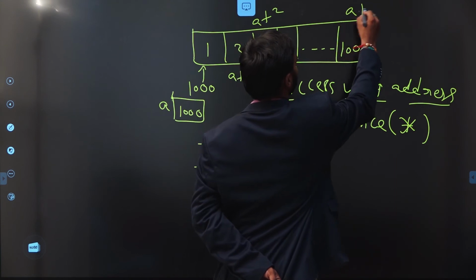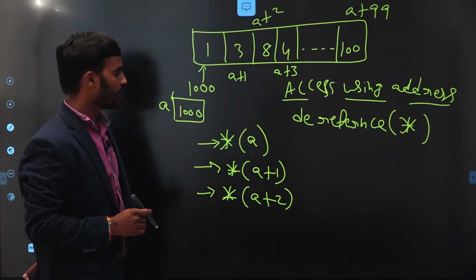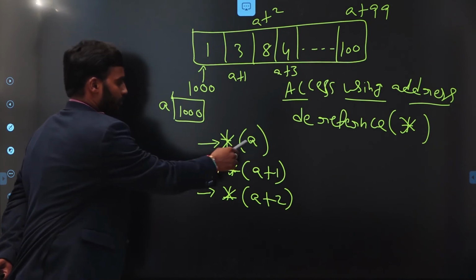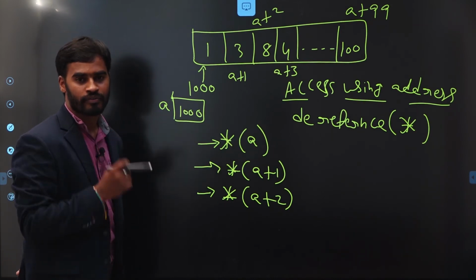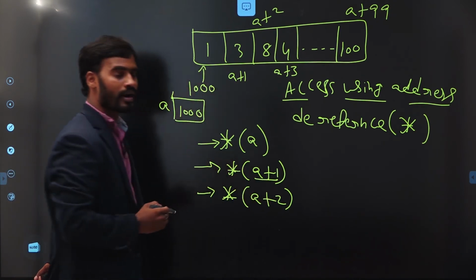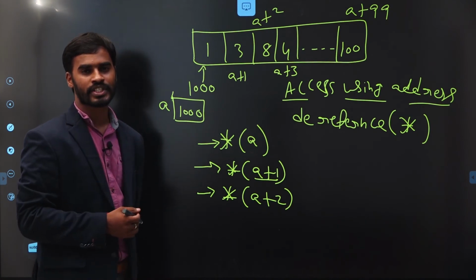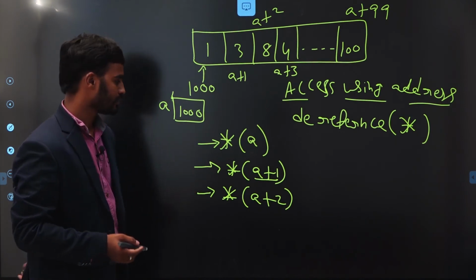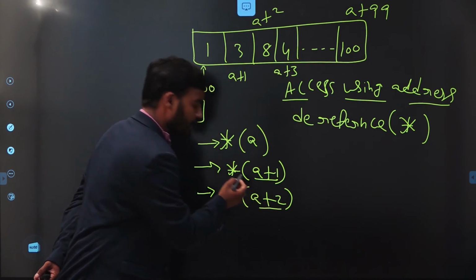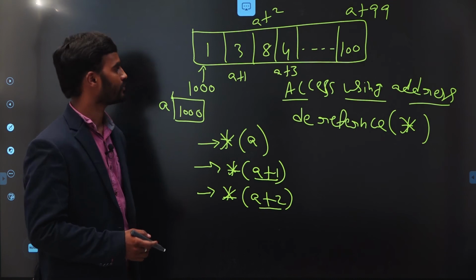This is A plus 99, where A is nothing but the address of the first block. A plus 1 is the address of the first block after A, which is the second block. So what is A plus 2? The address of the second block after A. So it is the third block.